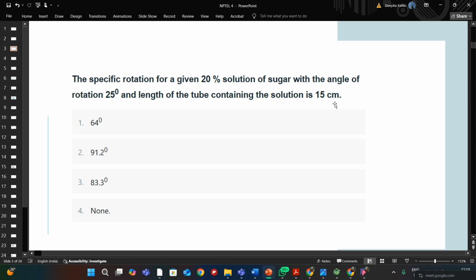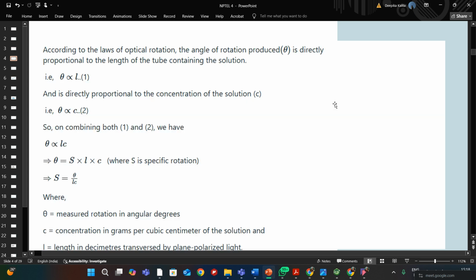Let us revise the formula to calculate specific rotation. So, according to the laws of optical rotation, the angle of rotation is directly proportional to the length of the tube, which must be in decimeters, okay?